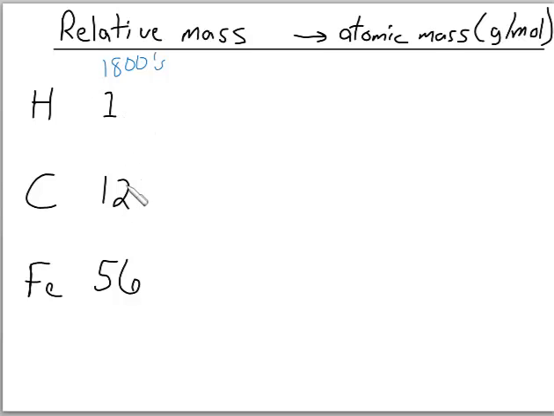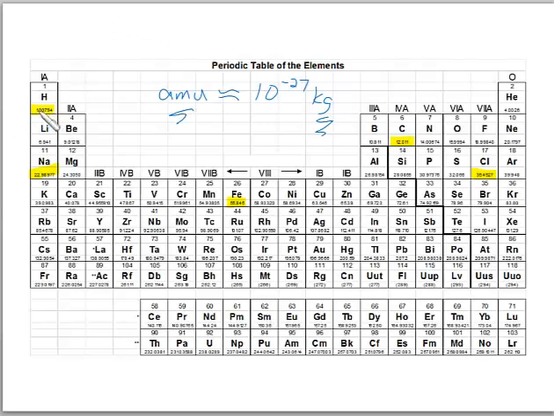And then carbon is 12 times as heavy as hydrogen. Iron is 56 times as heavy as hydrogen. And that's basically the number. Now we have a much more precise measurement of that relationship, but that's basically the bottom number on each of those elements. And it works just fine.